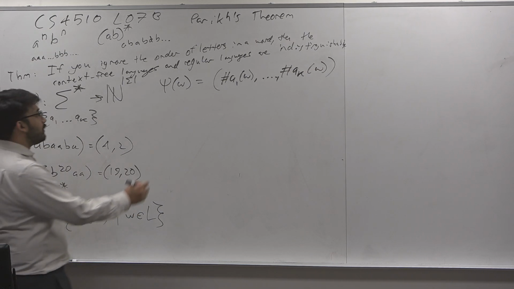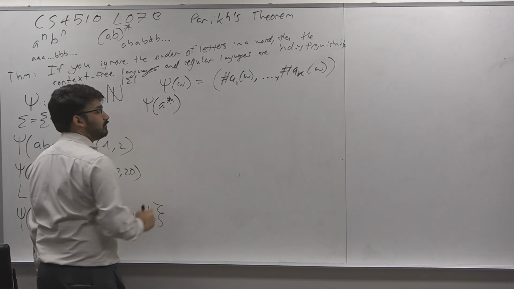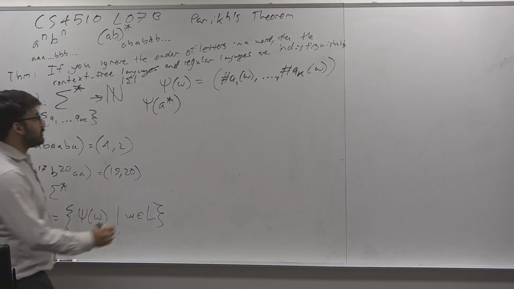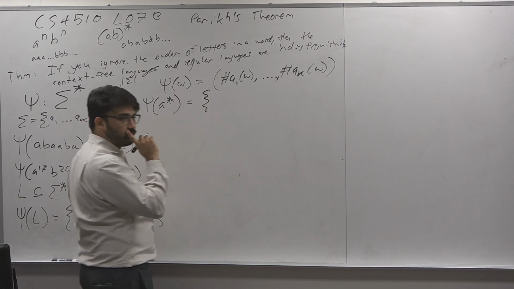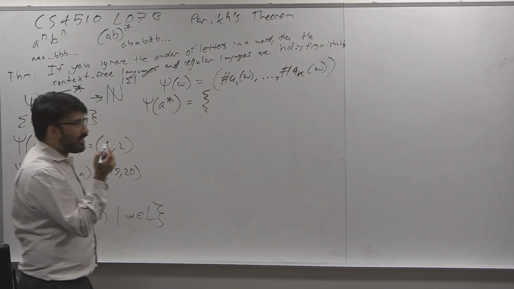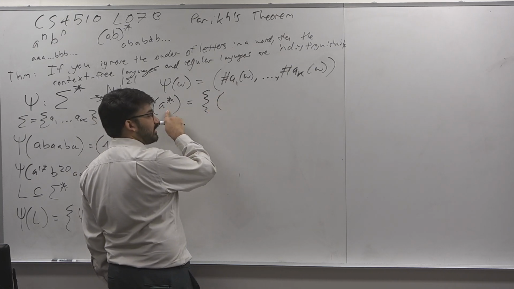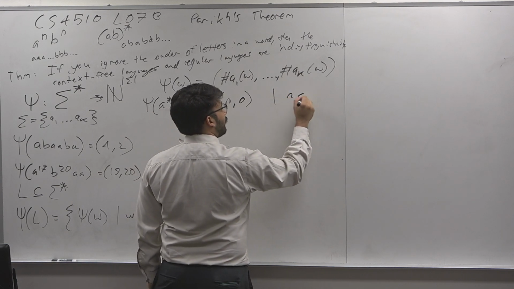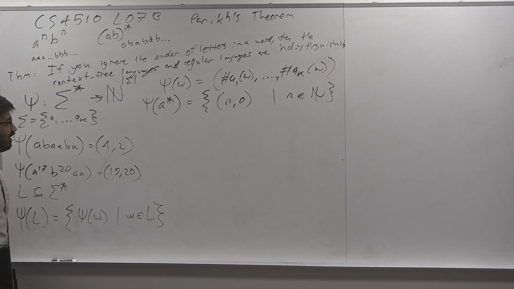So what would, for example, the frequency of A star be? It'd be a set of vectors, right? But which ones? Basically, if we do the syntax correctly, there would be no B's in any number of A's, so we would say (n, 0) for n a natural number. But basically the naturals. But we've got to data structure it up, right?